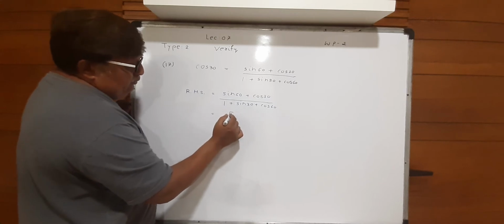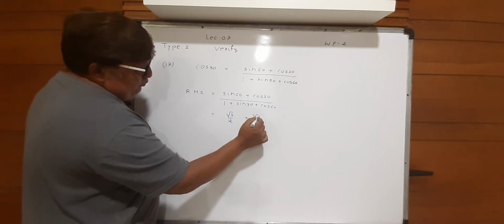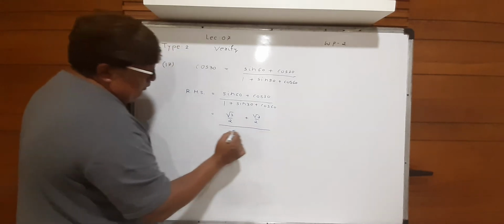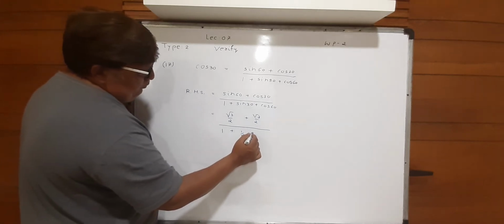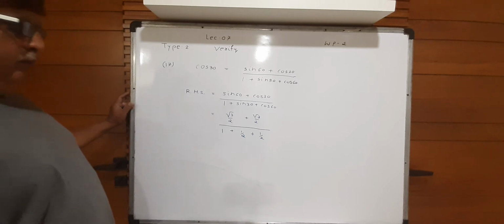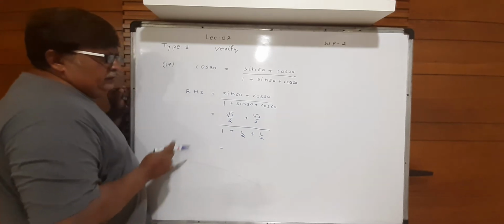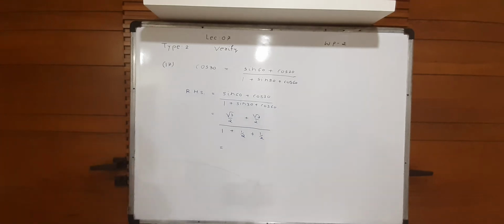Sin 60 is root 3 upon 2, cos 30 is root 3 upon 2, 1 plus sin 30 is 1 upon 2, cos 60 is 1 upon 2. First you have to substitute, very important, the correct value. Then and only then you can verify LHS and RHS. Correct value substitution is very important. Understand?